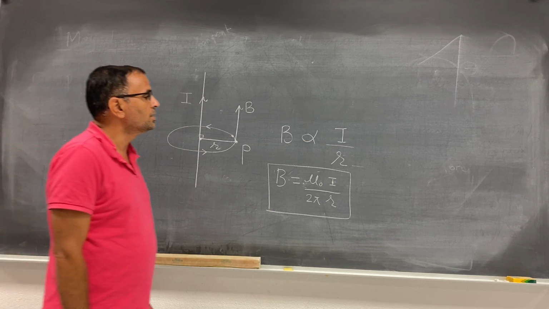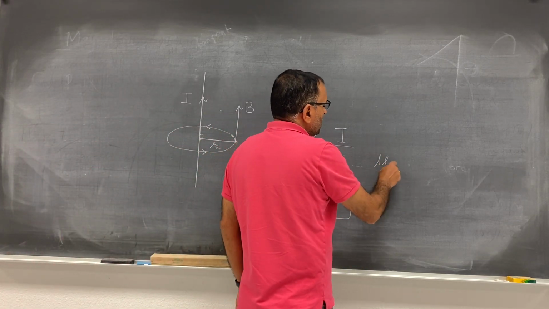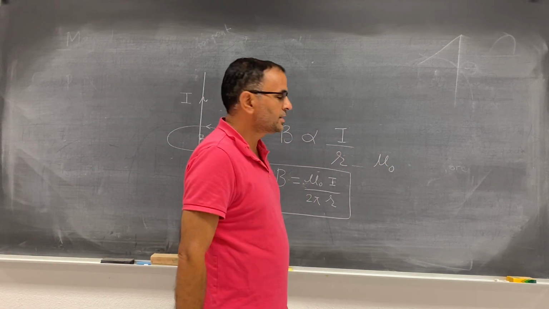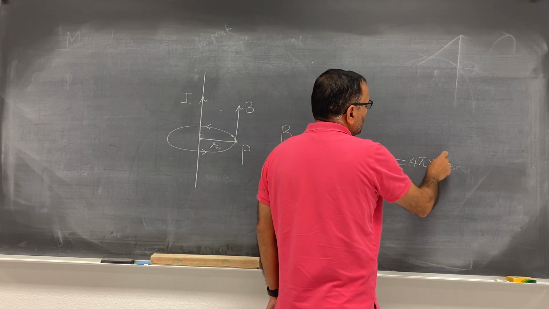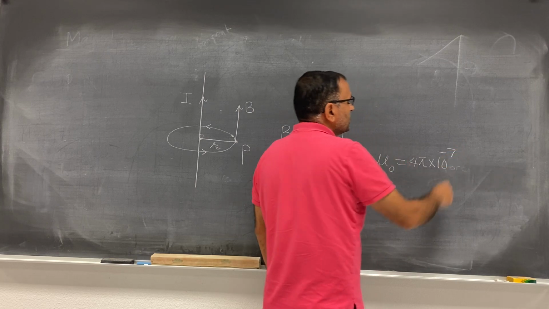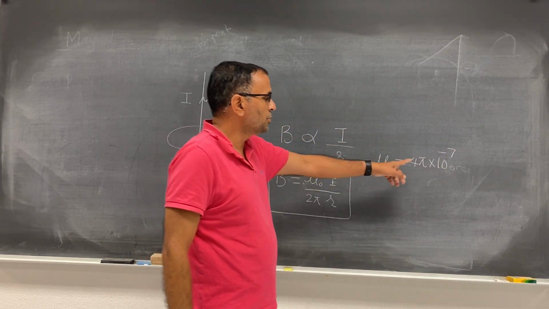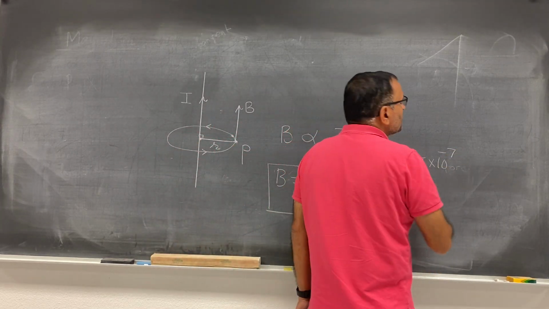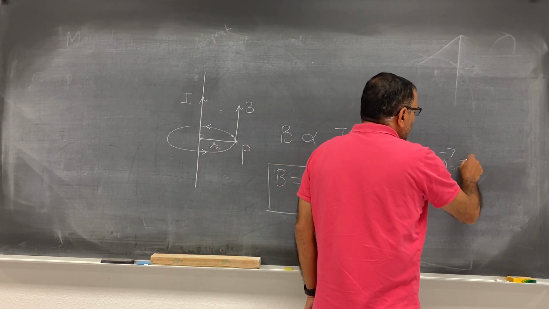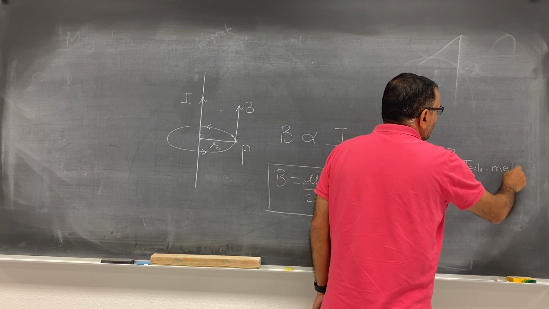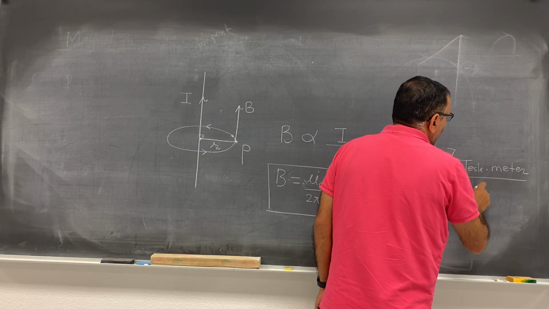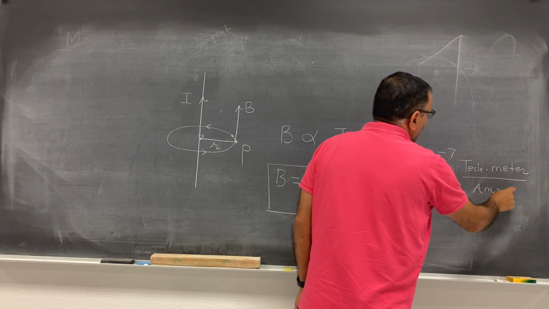Okay, so here mu naught is a constant, equal to 4 pi times 10 to the power negative 7. This is the magnitude. Mu 0 is 4 pi times 10 to the power negative 7 Tesla meter divided by ampere. This is the unit.